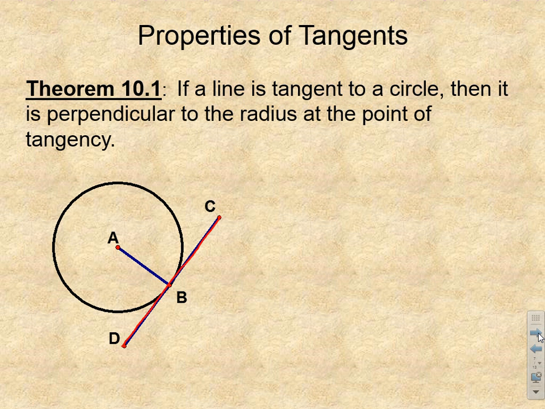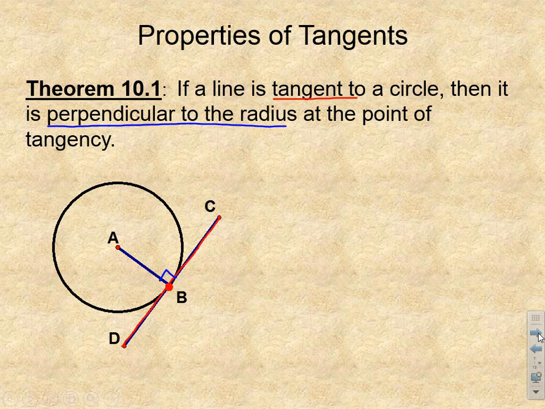We have that segment that's tangent to the circle at B. Okay, so what I have to start is what's in red. It's tangent. So then it says it's perpendicular to the radius. So then CD is going to be perpendicular to AB. Okay, so then what I get, being perpendicular to the radius, is in blue.